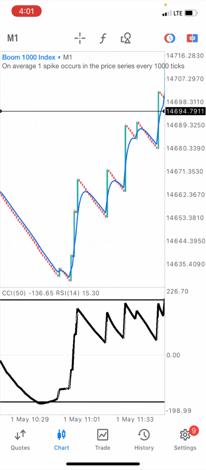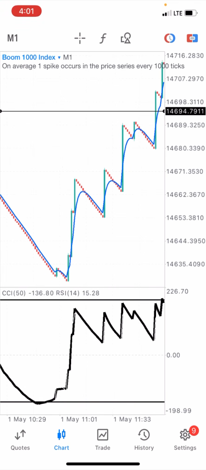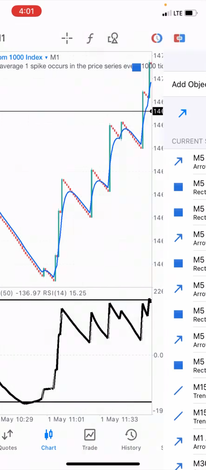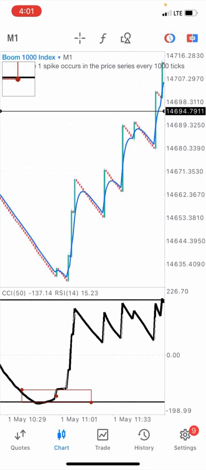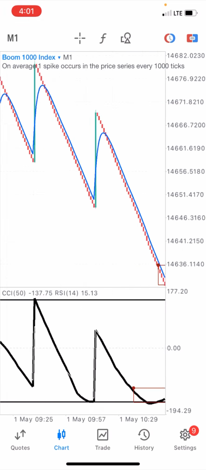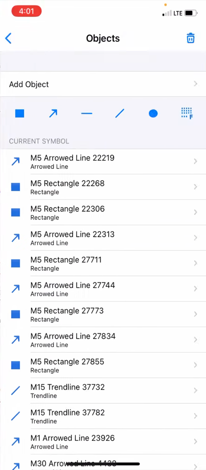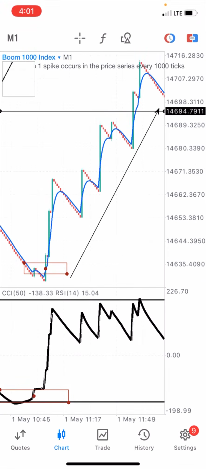Okay guys, I'm trying to show you more examples of where these things keep happening. You can see the exact thing that I explained earlier just happened again. You can see it keeps happening, and when it happens, what do you see? You have a lot of spikes coming in.